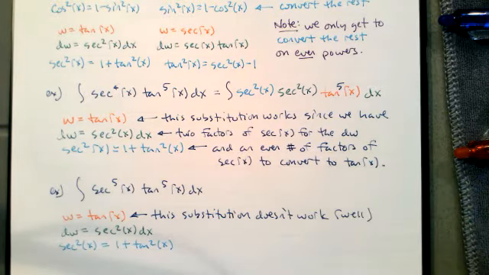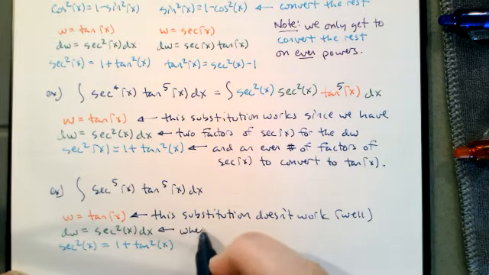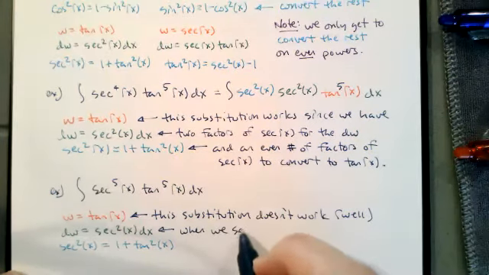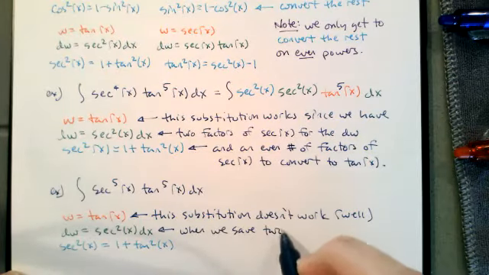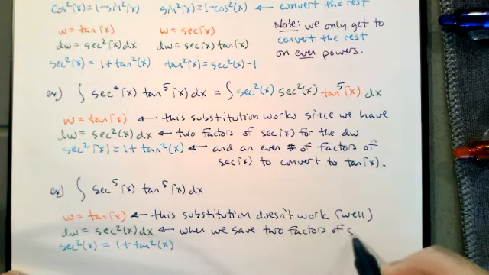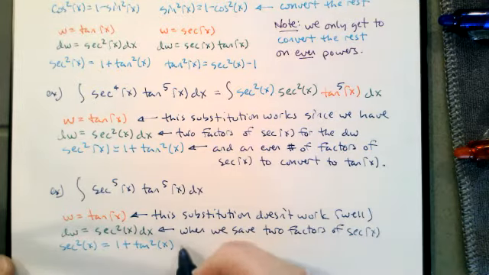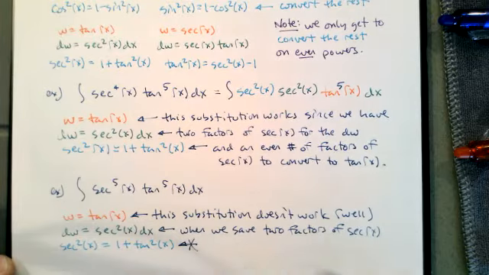Doesn't work well. Because when we save 2 factors of secant for the dw, when we save 2 factors of secant x, there's an odd power of secant left over.